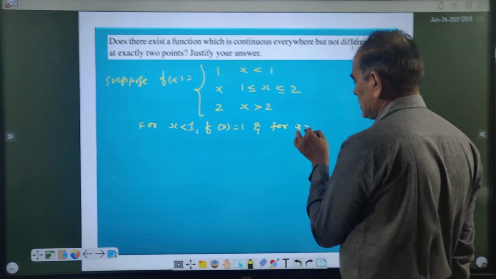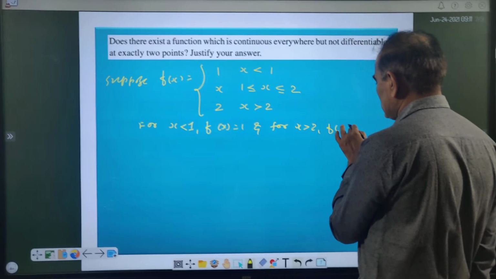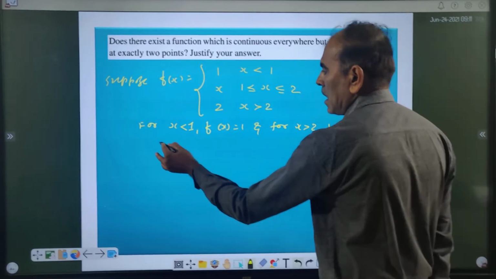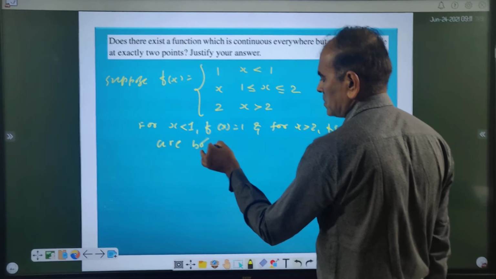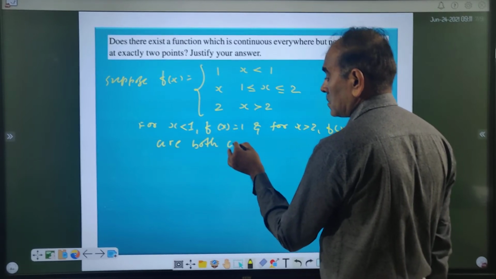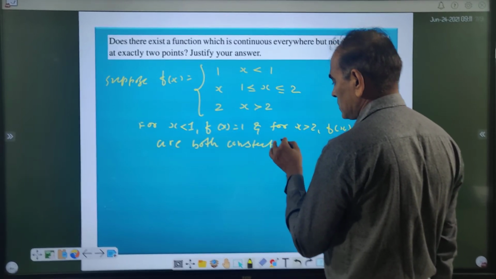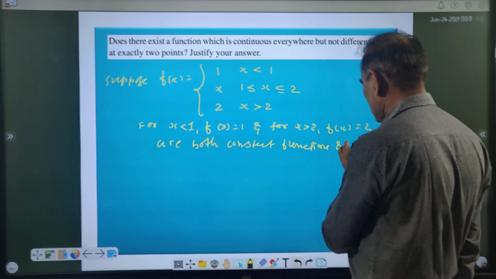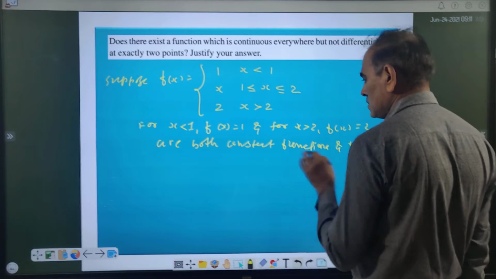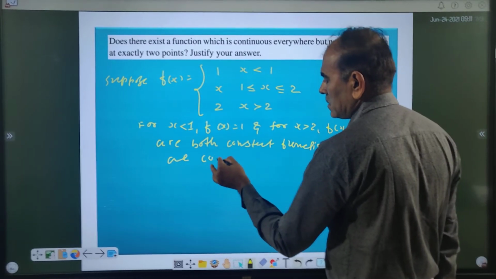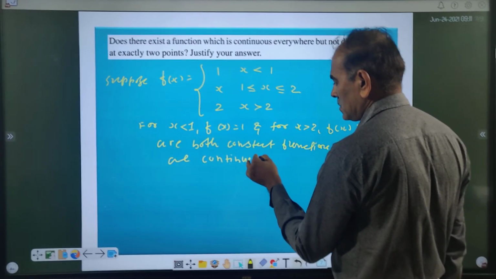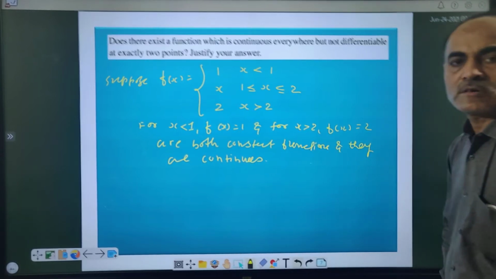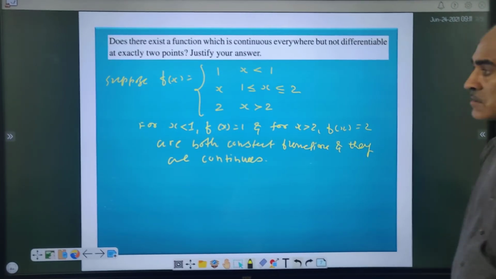And for x greater than 2, f(x) is equal to 2. What are these? Constant functions. And they are continuous. You know that every constant function is continuous. Every polynomial function is also continuous.